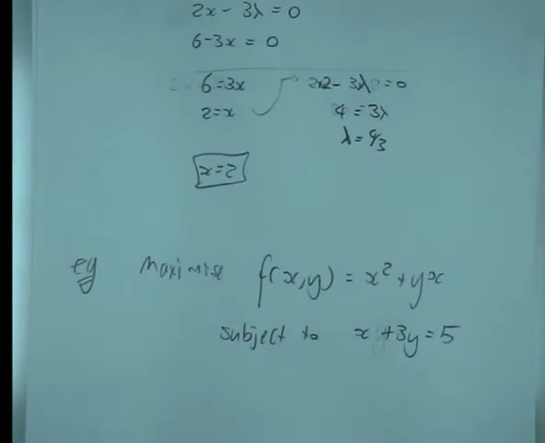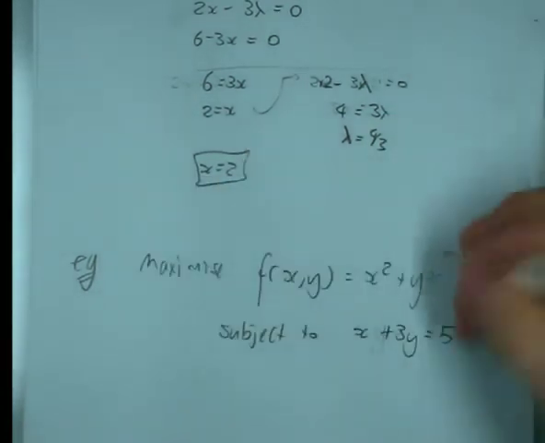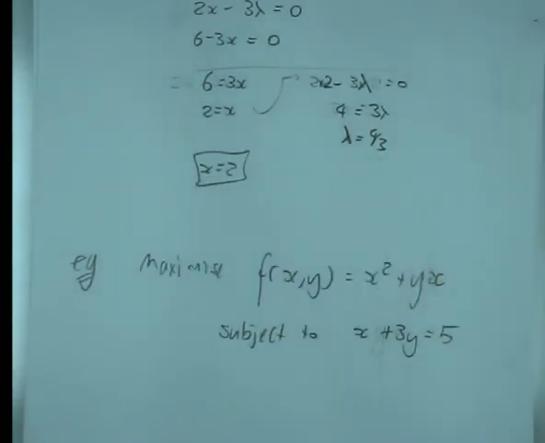Let's do this one. f of x, y is x squared plus yx. That's not to the power of x, that's just y times x, subject to x plus 3y equals 5. Okay, so we're going to do the same trick.